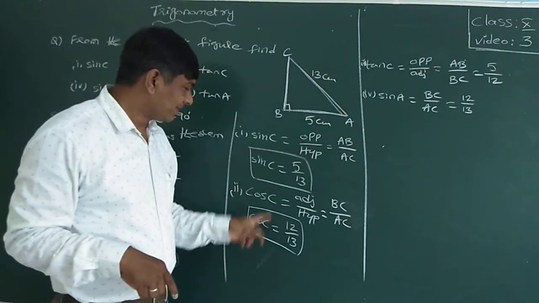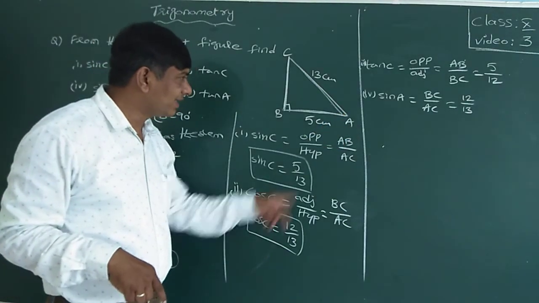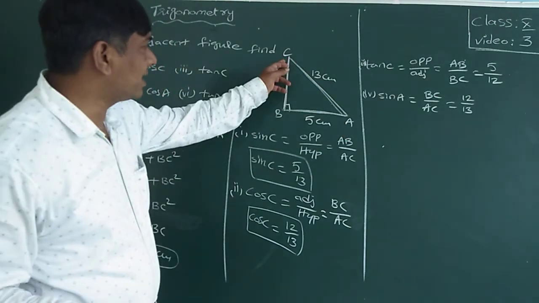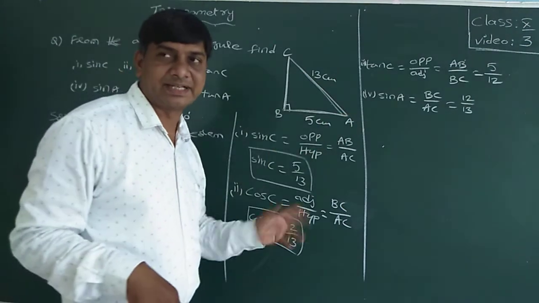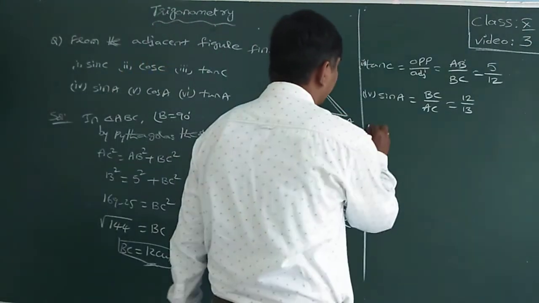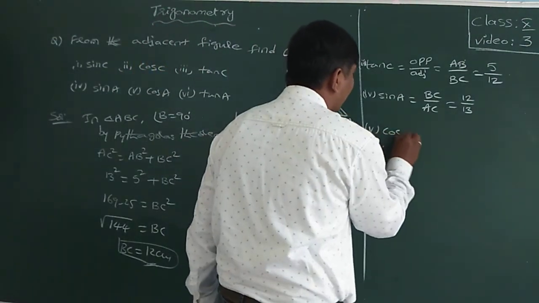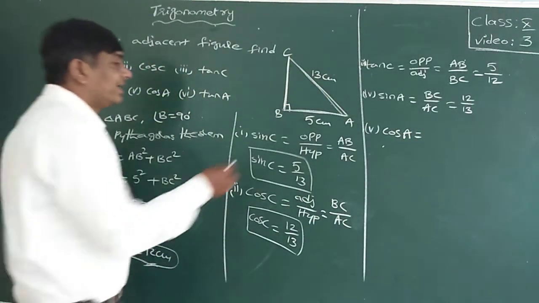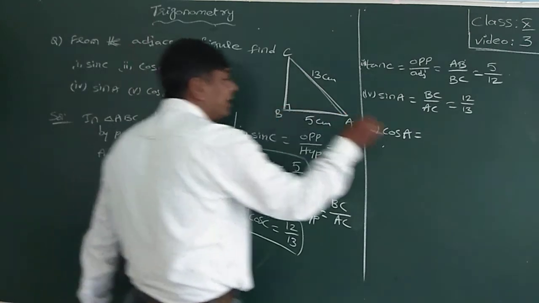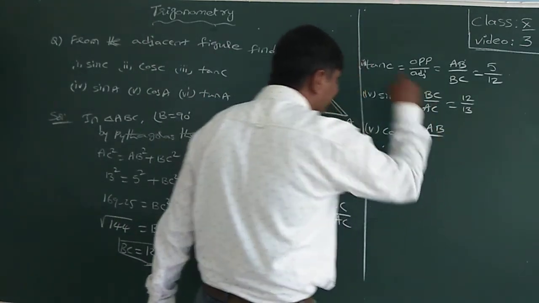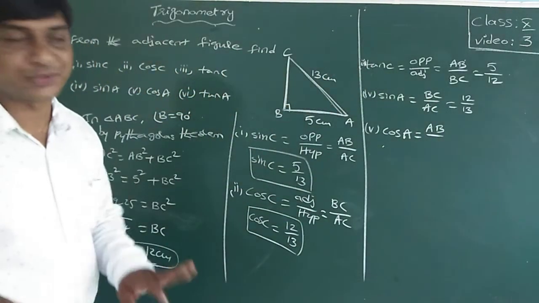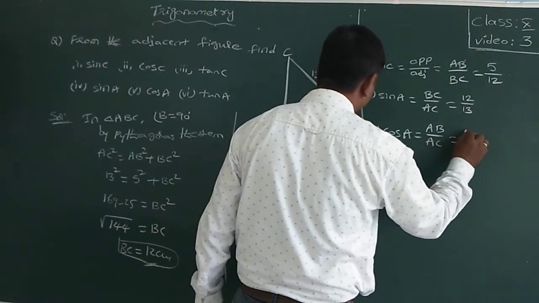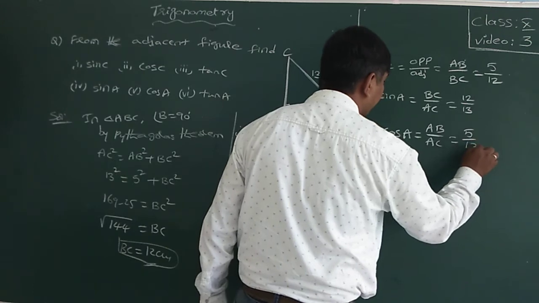Keep it in mind, because whatever cos I got for C, I got as sin for A, and vice versa, in the same triangle. Next one is cos A. The adjacent side to A is AB, and the hypotenuse is AC. That is equal to 5 by 13. I am not writing clearly all those words opposite, adjacent, hypotenuse.